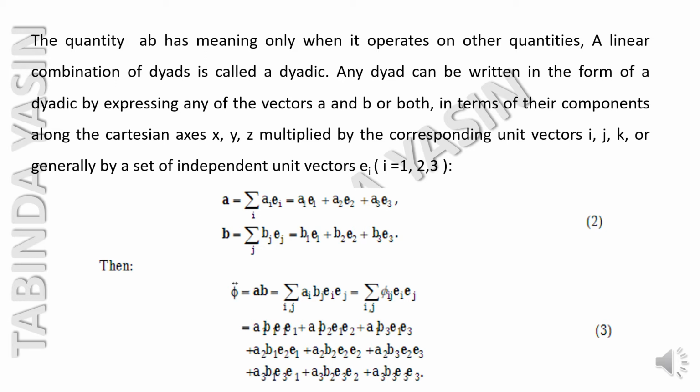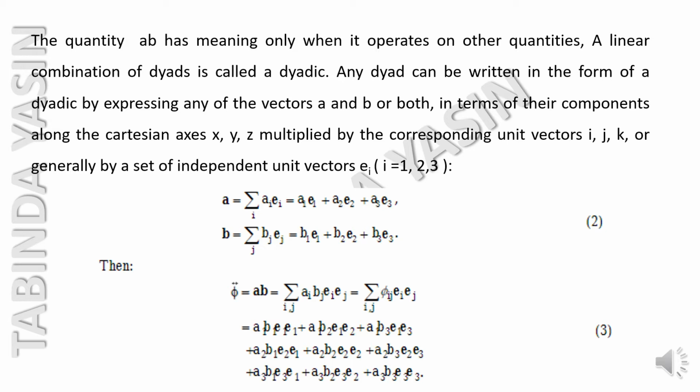The quantity AB as written for the dyadic will have a meaning when it operates on other quantities, and a linear combination of dyads is called a dyadic. They are written with their Cartesian components multiplied by their unit vectors, which are represented as a set of unit vectors ei.